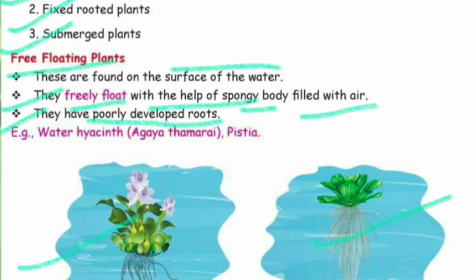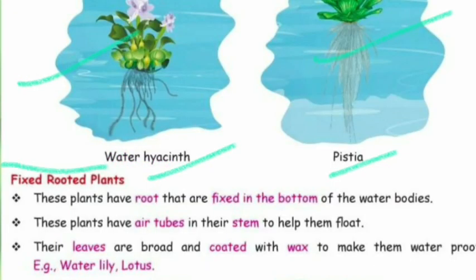Examples of free floating plants are water hyacinth and pistia. Now, fixed rooted plants. These are plants which float on the surface of the water but their roots are fixed at the bottom of the water bodies. The first point is these plants have roots that are fixed in the bottom of the water bodies.